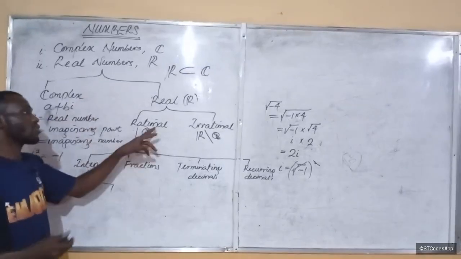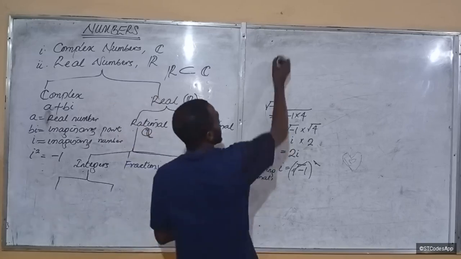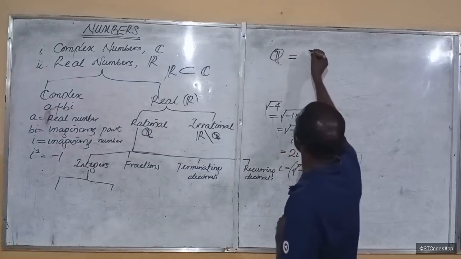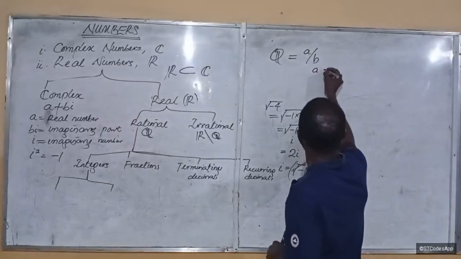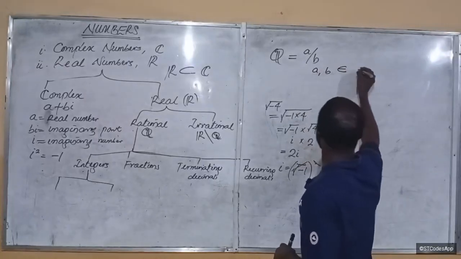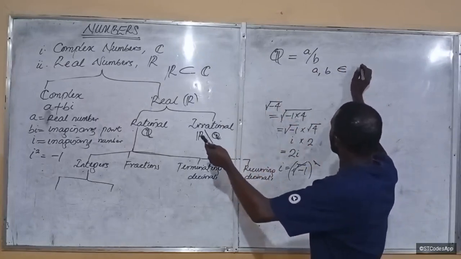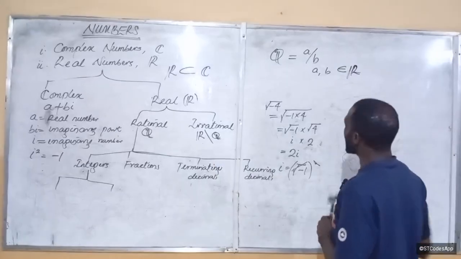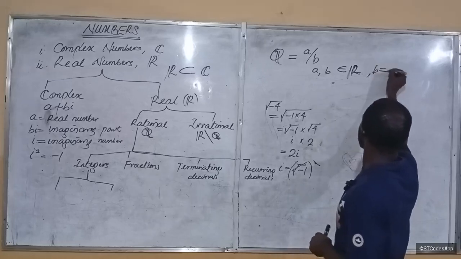Now, rational numbers comprise all of these numbers. A rational number is any number that can be presented in the form A over B, where A and B are members of the real numbers, and B is not equal to 0.